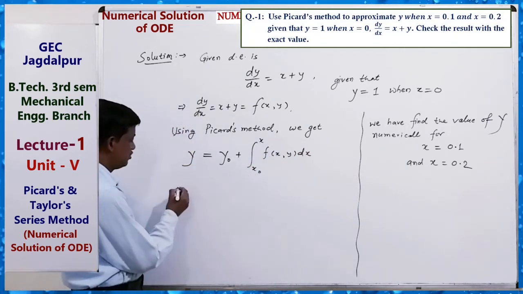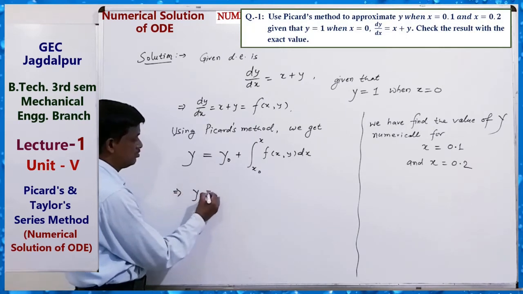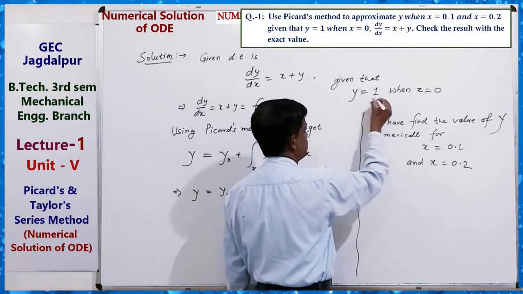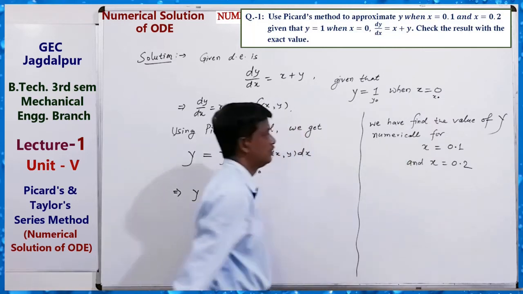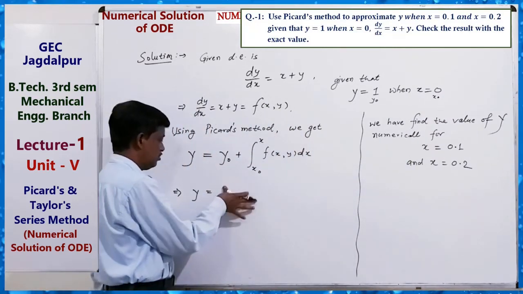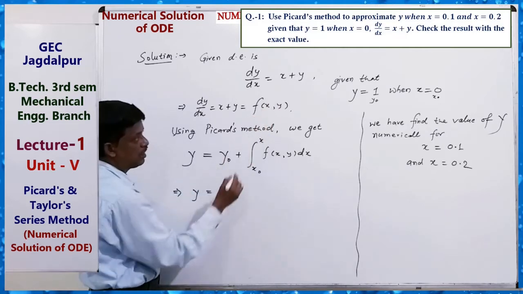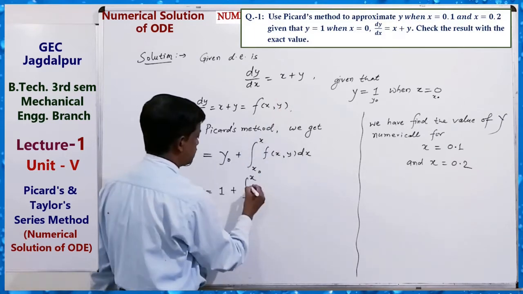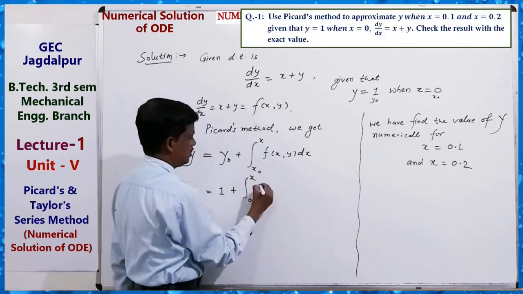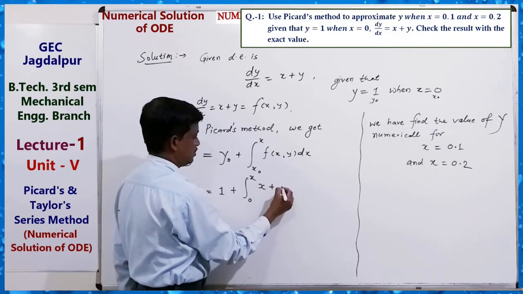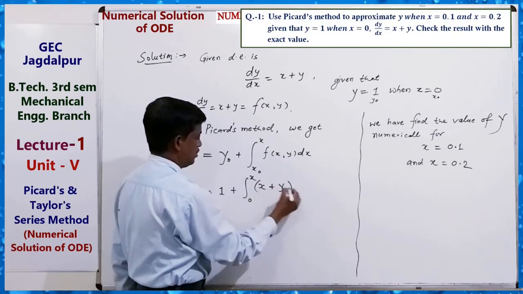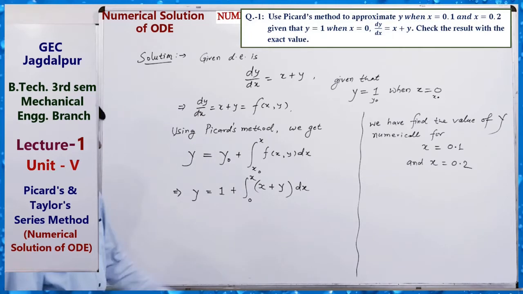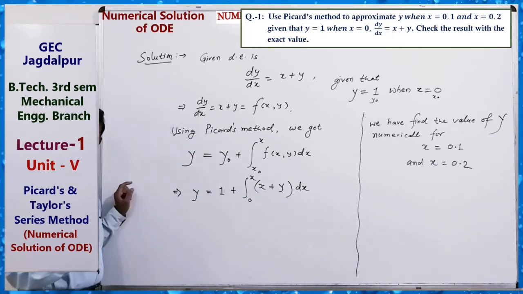So y equals y0, where this is y0 and this is x0. Clear? So in place of y0 we write 1, plus the integral from 0 to x of (x plus y) dx.